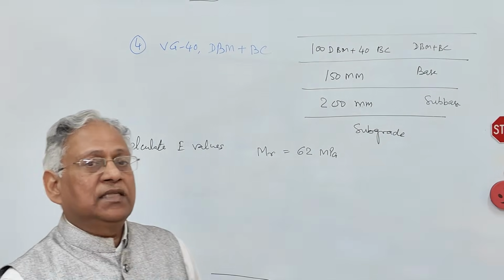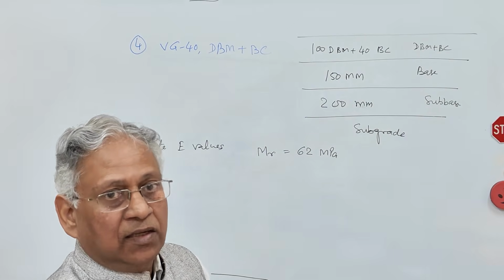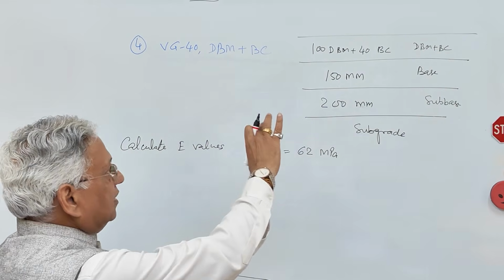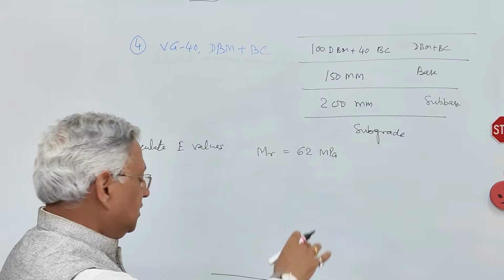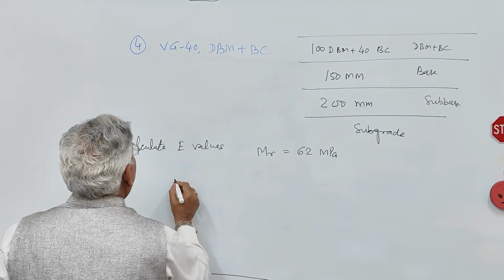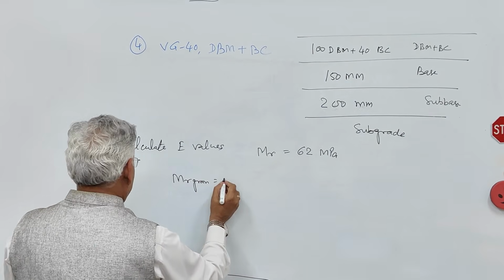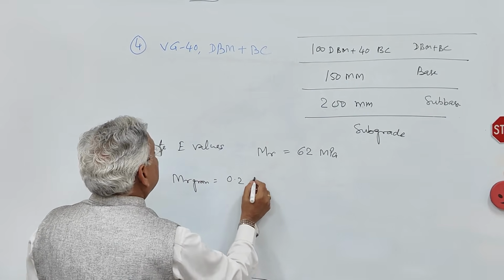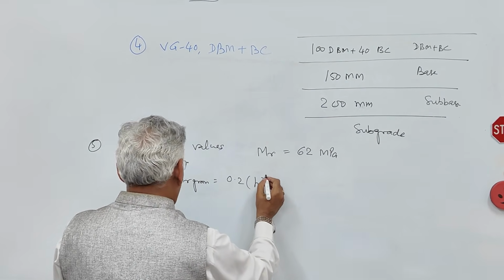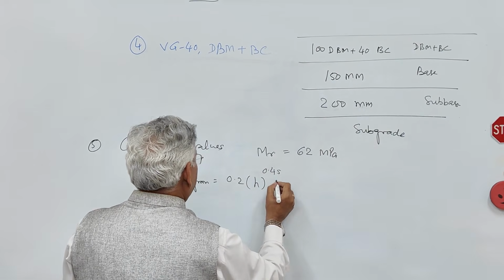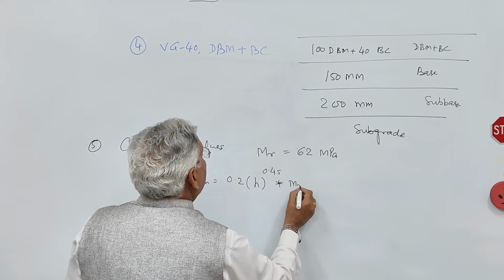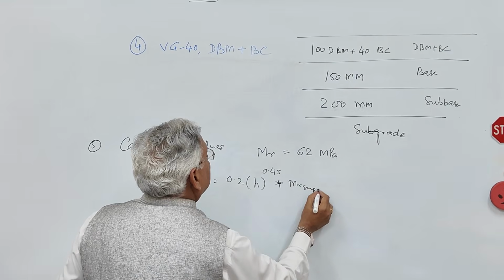When base and subbase are both granular material, then we take a single value of MR for both layers, and the equation for MR for a granular layer is 0.2 into thickness raised to the power 0.45 multiplied by MR of support.